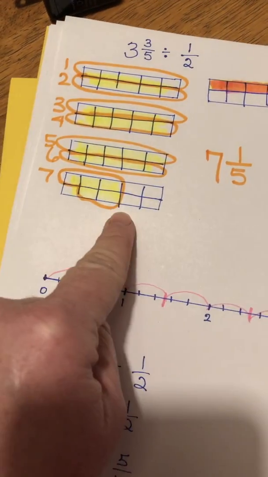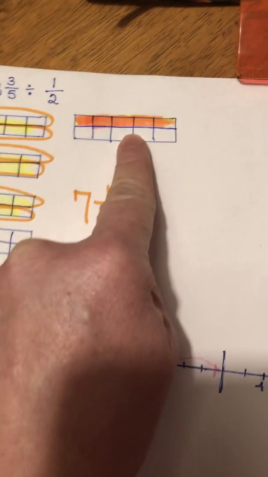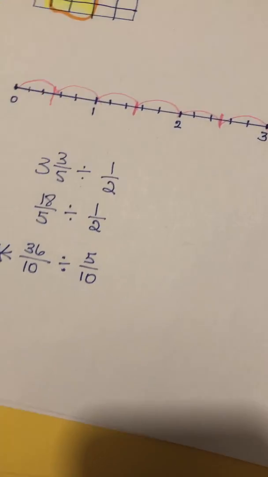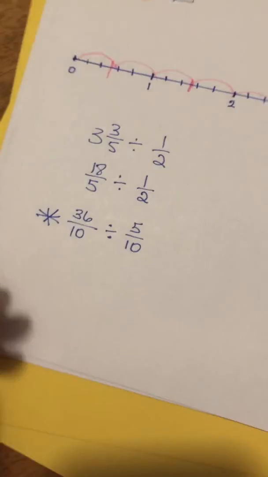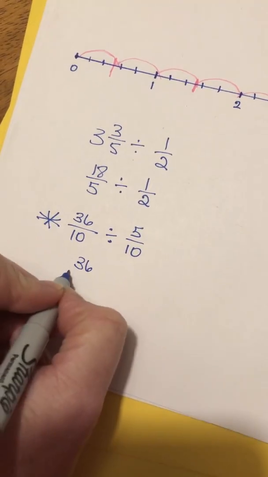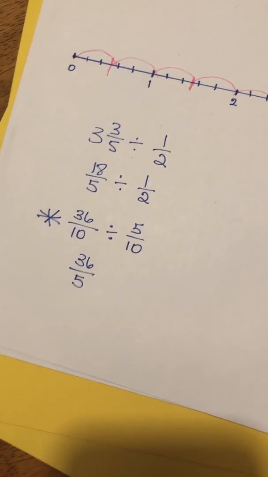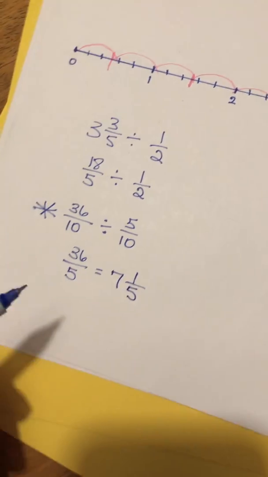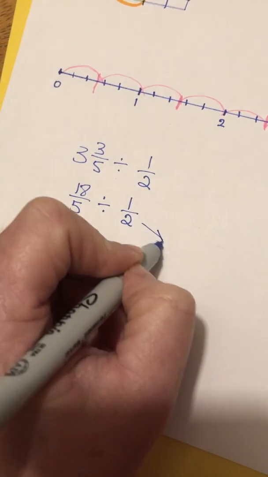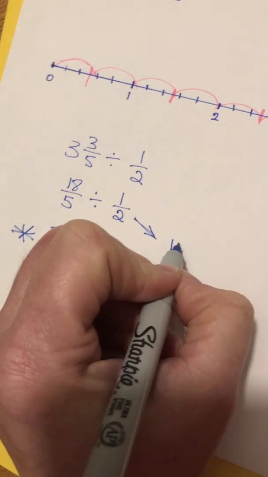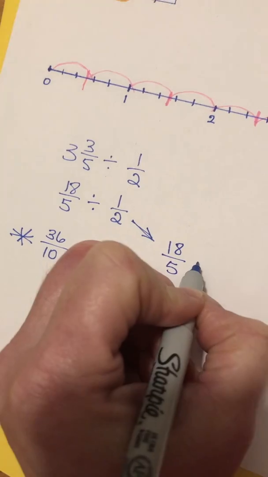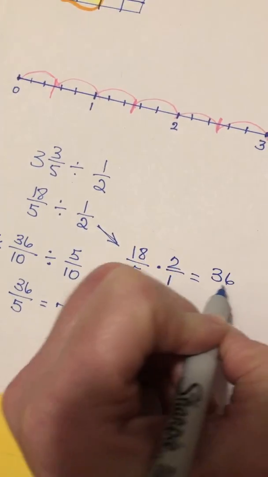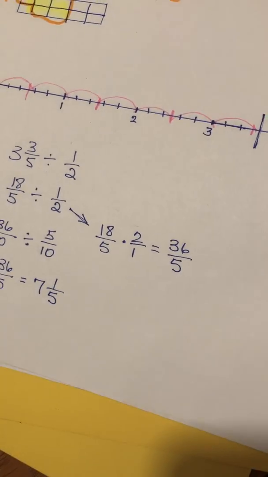There are 36/10, and there are 5/10. What that ultimately becomes is 36 divided by 5, which is 7 and 1/5. That helps us, because what the kids would do is 18/5 times 2/1, which is, ta-da.